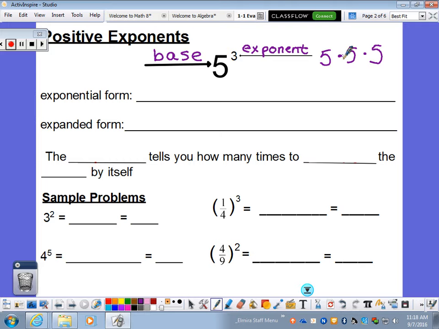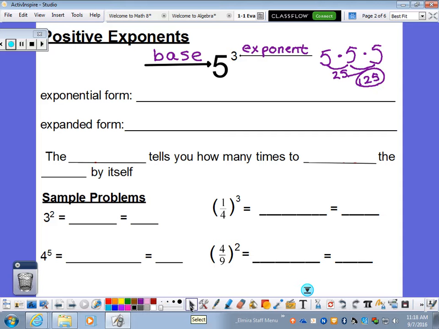Well, it's not 5 times 3, it's 5 times 5 times 5. So the first 5 times the second 5, that makes 25 right there. So we're already more than the 15. And 25 times 5 is 125. Okay, exponents blow up into big numbers very fast, and you're not going to be doing them in your head for the most part.